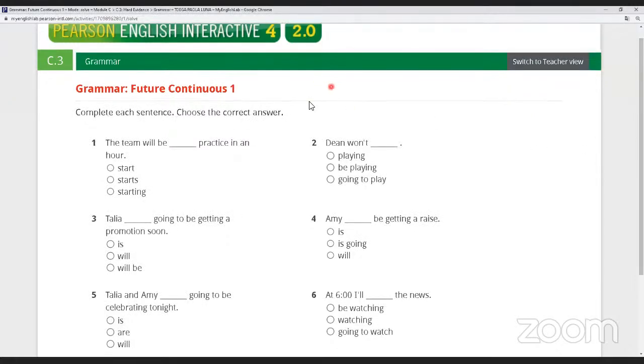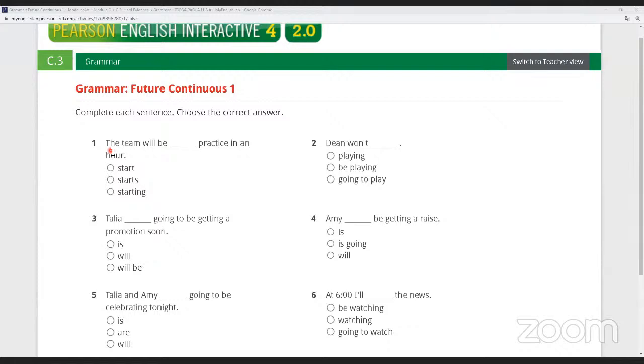All right, can you please read the instruction? Future continuous one. Complete each sentence. Choose the correct answer. Okay, number one. The team will be start. Oh, will be start?